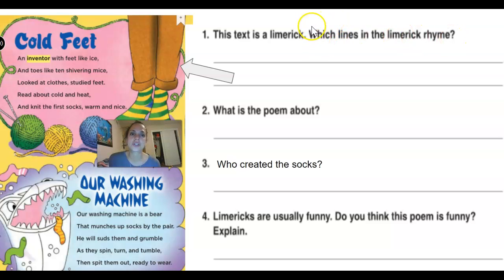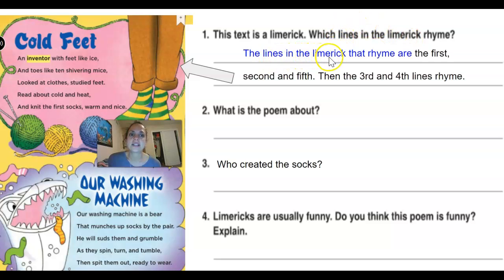So which, that's my question word. So I'm not going to include that to start my sentence. Lines in the limerick rhyme, so I need to make that make sense. The lines in the limerick that rhyme are the first, second, and fifth. Then the third and fourth lines rhyme.